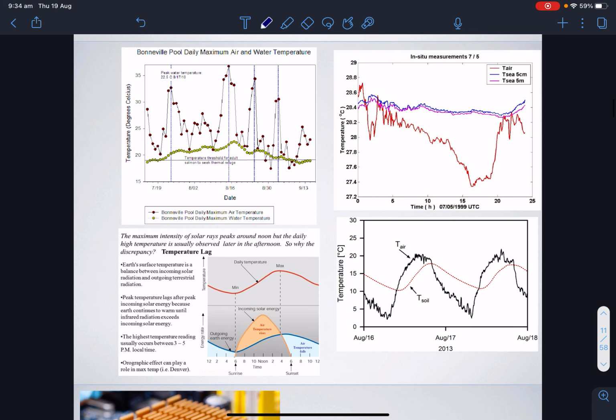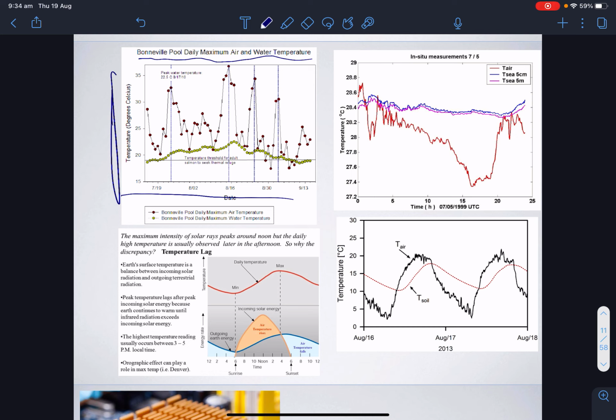This looks rather technical, but this is another kind of thing about heat absorption and dissipation. I've got four graphs, and what I'm talking about here is temperature over time. You'll notice here I've got temperature and a date. It's a pool, daily maximum air and water temperature.